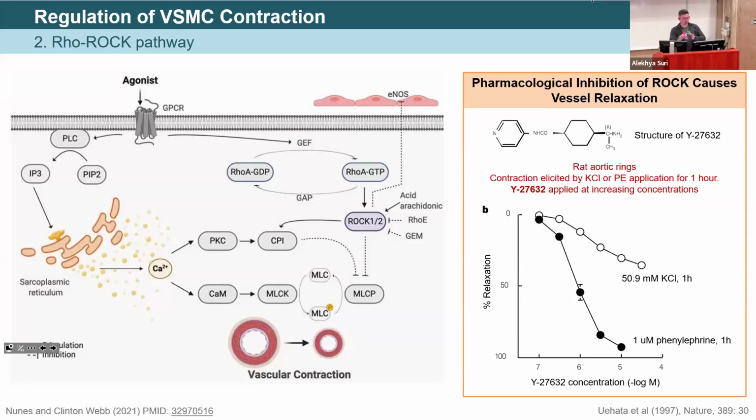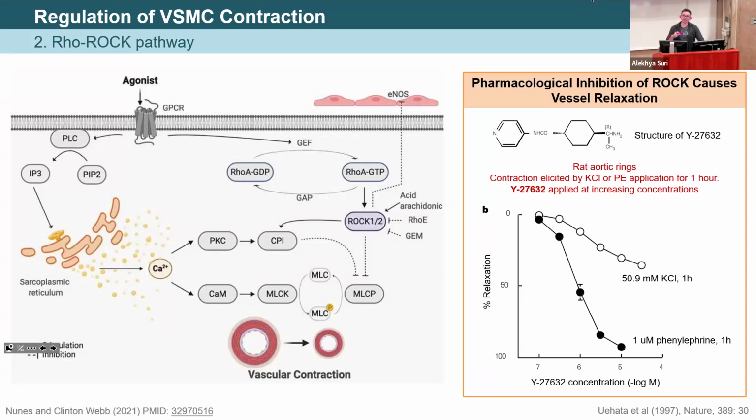They cut the aorta from several rats into tiny little rings, and they put these rings into a little bath and measured the ability of the rings to contract or relax, right? So they did this in the presence of various concentrations of the inhibitor, but remember that what they were measuring was relaxation, right?